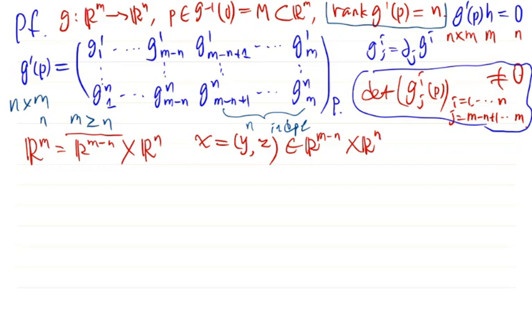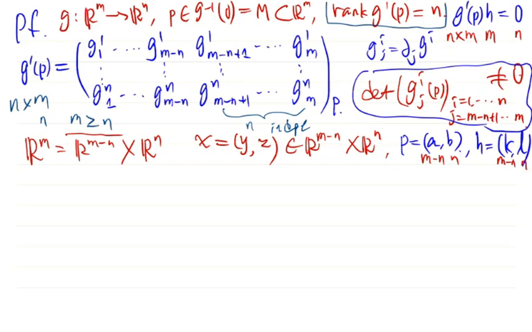Also our point P can be decomposed in this way. P is (A, B), and also our H is (K, L). Here A is m minus n dimensional, B is n dimensional. For H, the K is also m minus n, and L is n dimensional.